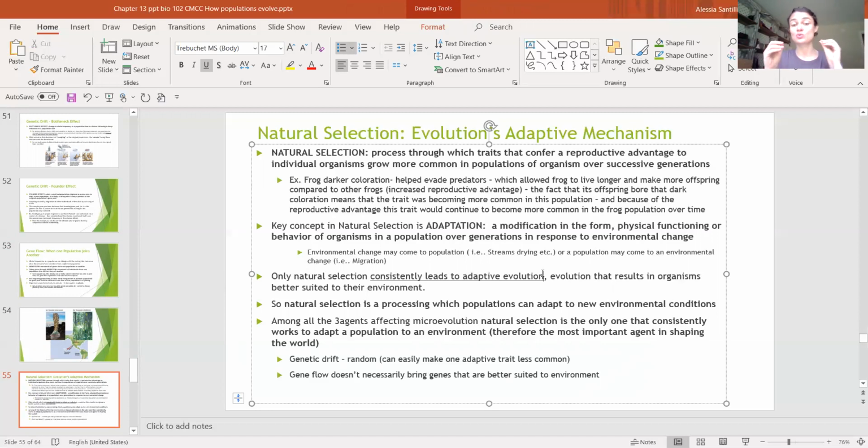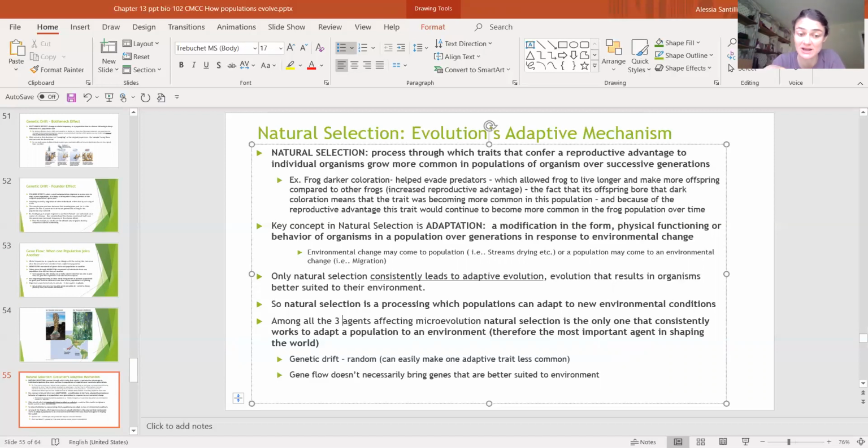Natural selection is always going to consistently lead to good adapting towards the environment. Natural selection is a process by which populations can adapt to new environmental conditions. Among all three agents affecting microevolution, natural selection is the only one that consistently works to adapt a population.